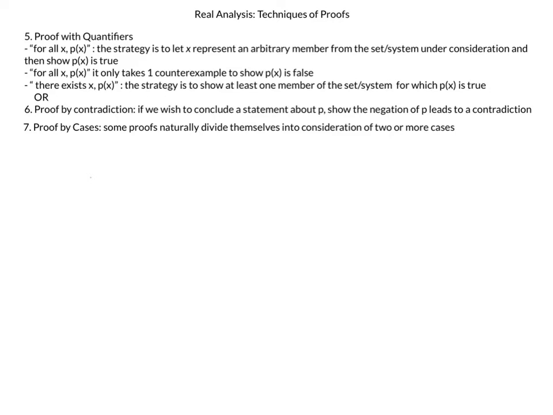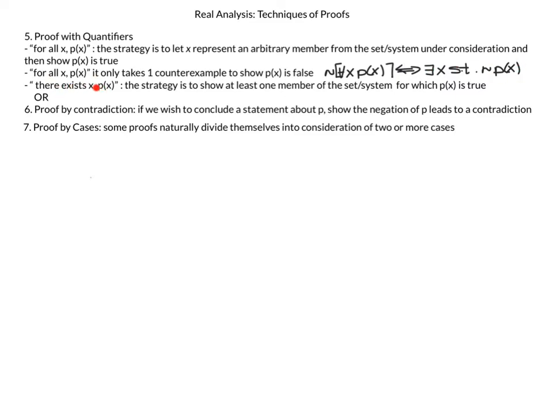And if we want to show that for all x, p of x is false, it only takes one counterexample to show that p of x is false. And that's because, if you recall, the negation of a for all is that there exists. So if you want to negate for all x, p of x, all you have to do is show there exists one x such that not p of x.